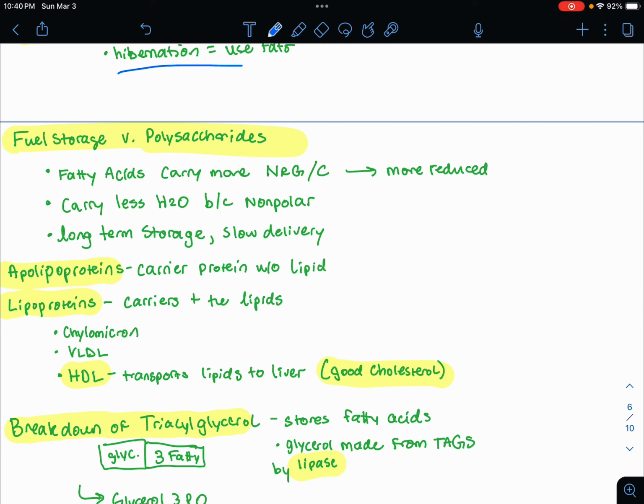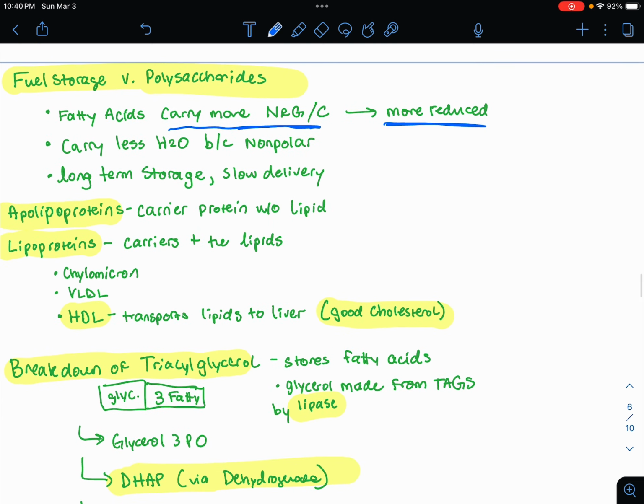Okay, fuel storage of fats versus polysaccharides. So why are fatty acids and fats in general good for storage? Fatty acids will carry more energy per carbon. They are more reduced than polysaccharides. Remember, if you look at the molecule, you have a ton of carbons and a ton of hydrogens, and that's a lot of reduction. So they're going to carry more energy per carbon.